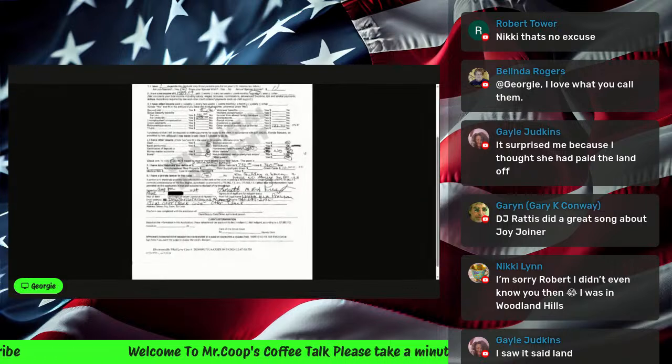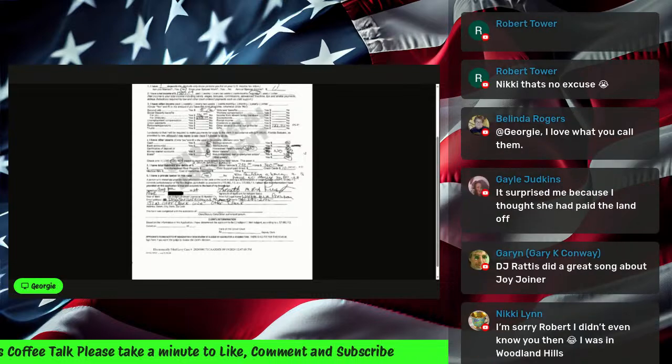Okay. So right there, liabilities of debts. Her vehicle $732. Home $360 a month. Credit cards $10,000. She has a homestead property. Yeah, it's the home where she says home.